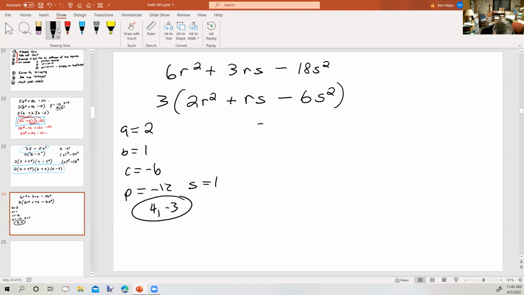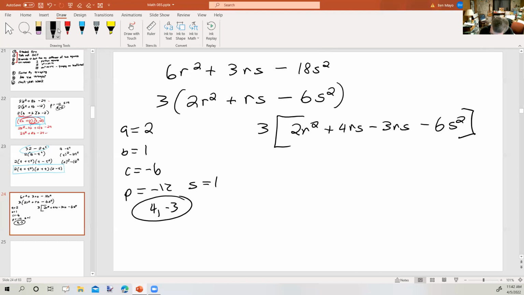Okay. 3 times 2r squared plus 4rs minus 3rs minus 6s squared. So again, we took the middle term and split it up using those two coefficients. So now we continue with the factoring by grouping.